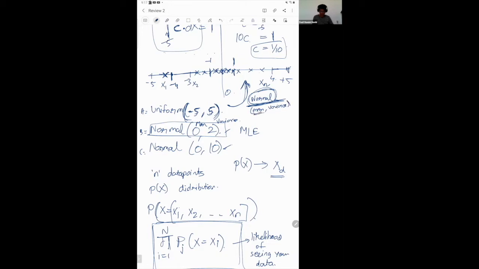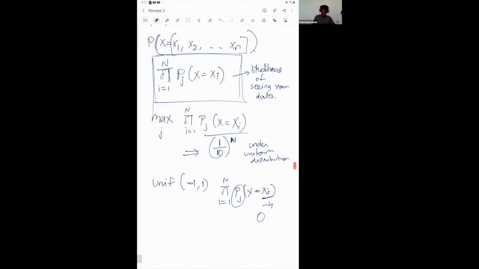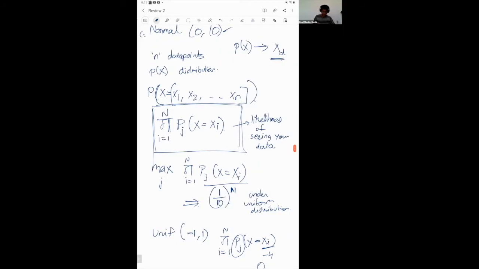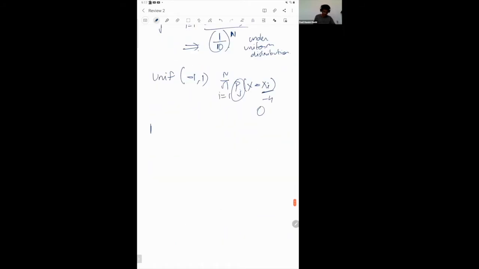mean and variance. Now I can do my analysis knowing that this comes from a normal distribution, and which mean and which variance would provide me a maximum likelihood of seeing the data that was given to me. So it generally boils down to this: I have some distribution, and I'm interested in getting the parameters of that distribution.